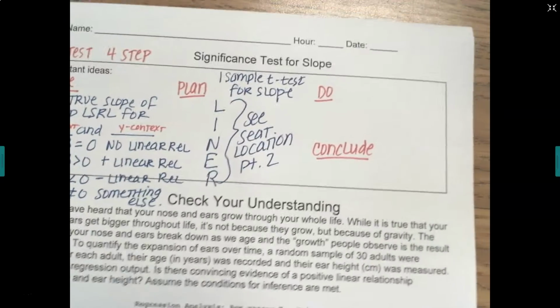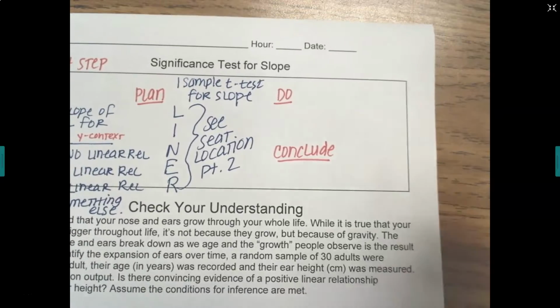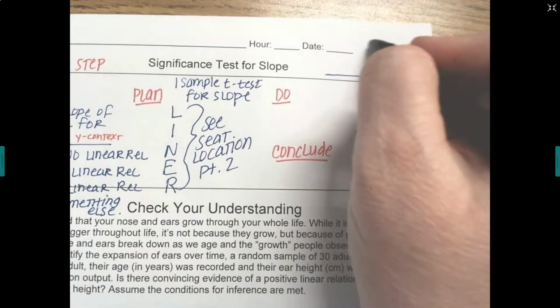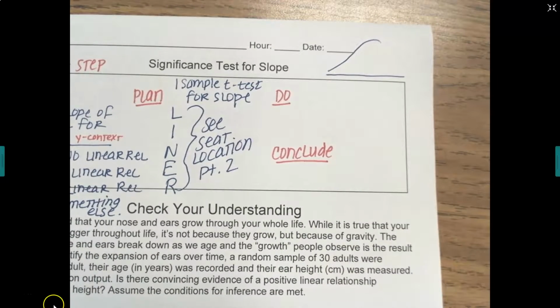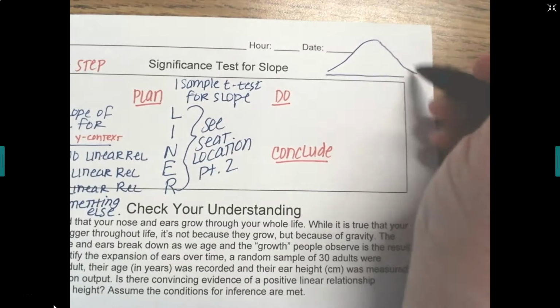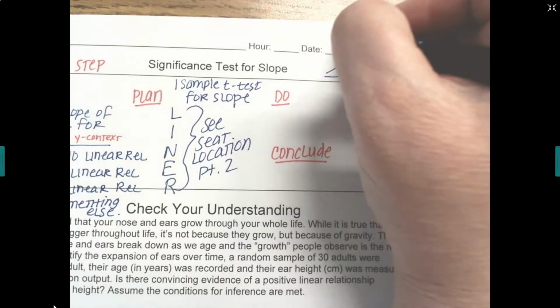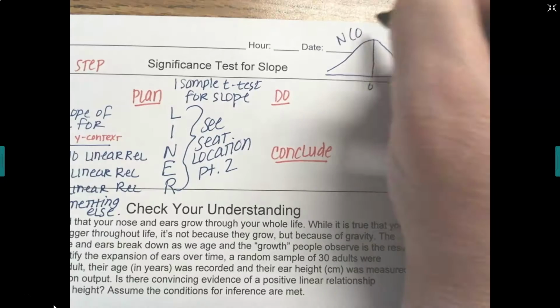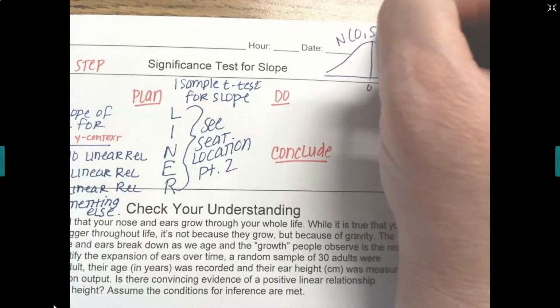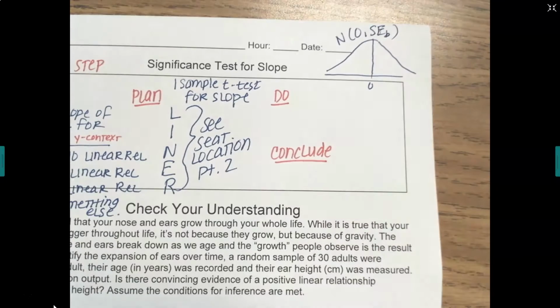For our do, you'll want to draw a picture and shade. It's going to be centered on 0. It's going to be a normal curve with the mean of 0 and a standard error of the slope that you'll get from the Minitab output, or will be told.